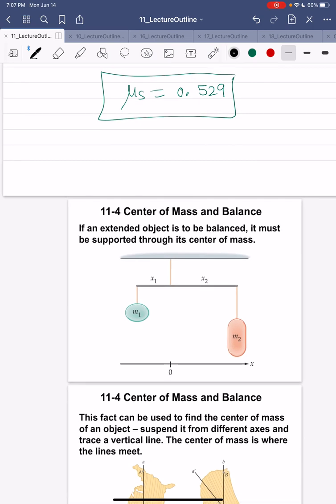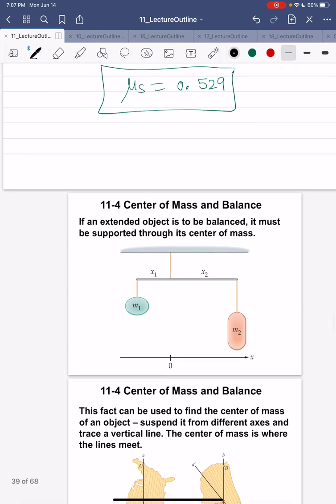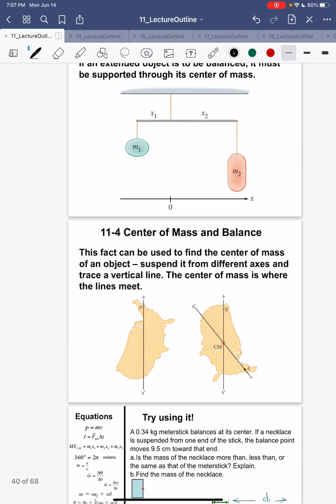We know that, of course, for extended objects to be balanced, they must be supported through their center of mass. We can find the center of mass with a very easy experiment: you suspend your object from a point and draw a vertical line like this, and then you suspend it from another point and find also that line, like with a string and usually a weight.